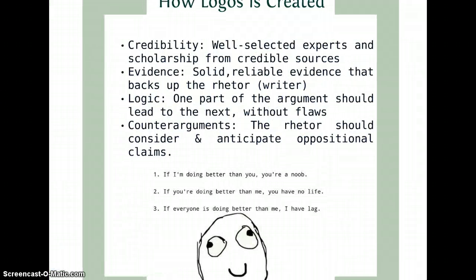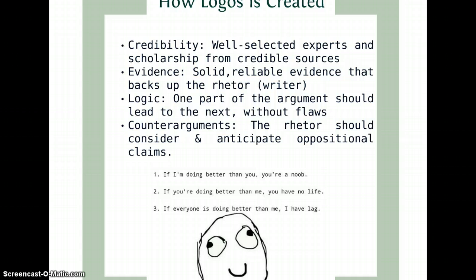But how is logos created? Well, one is credibility. Oftentimes we will not think credibility simply because we connect credibility with ethos. But when you're talking about logic and to change a person's mind, you want to reason with them. And the way you do that is by providing expert opinions that help to support your rationale.